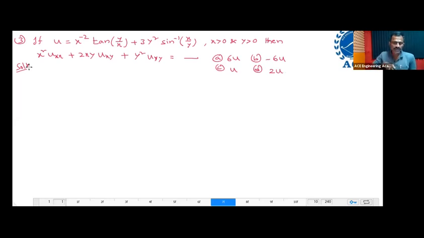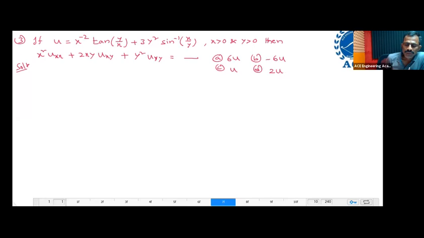Now tell me the answer for this. Like the previous two problems, here u is a transcendental function because on the right hand side we have trigonometric functions, tan inverse and sine inverse.